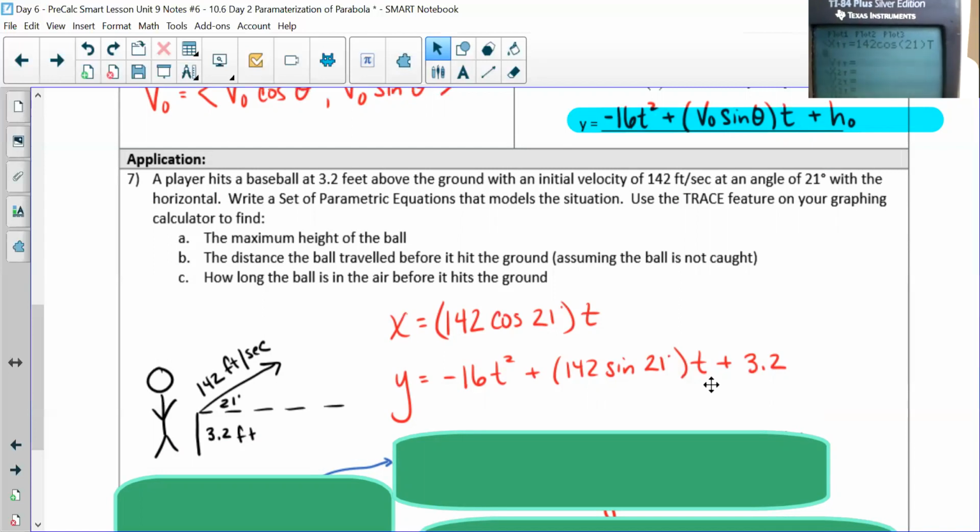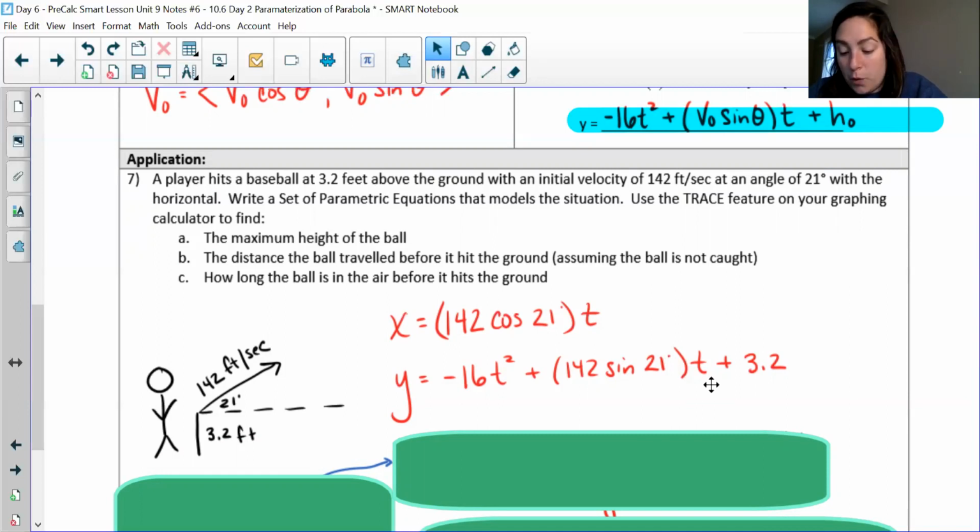It's just cosine of 21 and then times t. So that whole thing, 142 cosine 21, is your coefficient of t. So make sure t is not included, you're not taking the cosine of it. And then y equals negative 16t squared plus 142 sine of 21 times t plus 3.2.